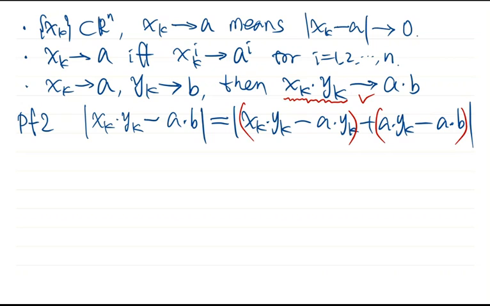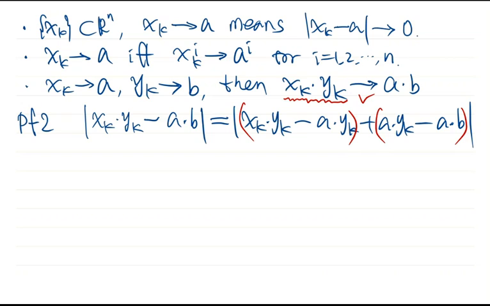Then we group the first two terms and the second two terms. So this is the absolute value of the sum of these two groups. And we apply the triangle inequality for real numbers because these two groups are all real numbers.